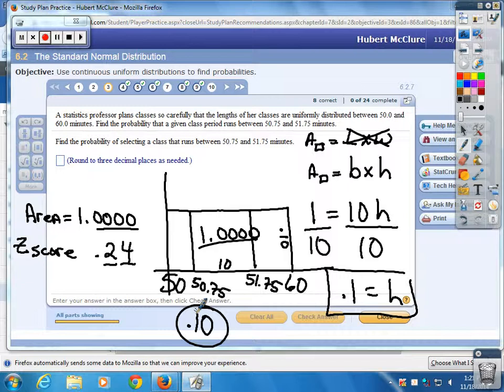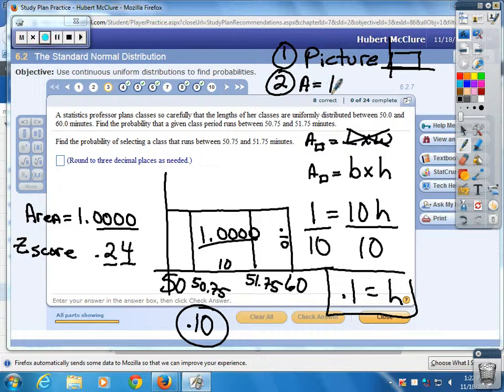So let's make a list on what to do. 1. Draw a picture. And with uniform distribution, it's going to look like a rectangle. Second thing you do, remember that area is equal to 1.